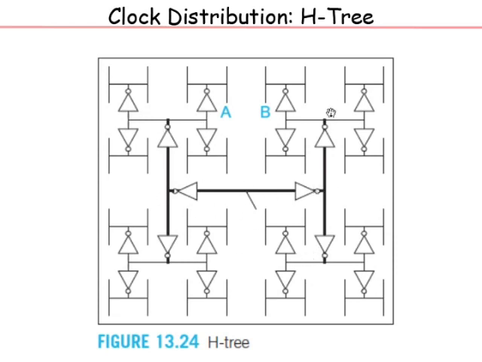There is a big H out here, because when a clock comes in here, the 4 leaf nodes, this one, this one, this one, this one, all of them are equidistant from the center out here. They are equal path lengths. So the wire lengths are the same, so resistance and capacitance are the same. The same amount of buffering, if you put 4 buffers, all of them are the same. So you would expect the delay to be the same by symmetry. That is one important principle: to use symmetry to try to match things.